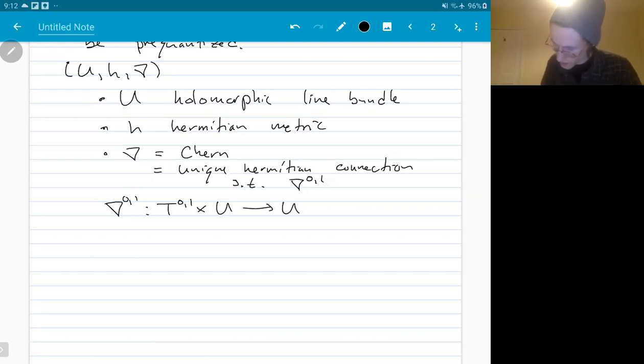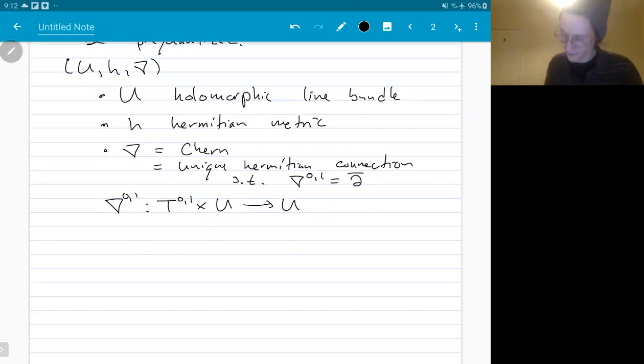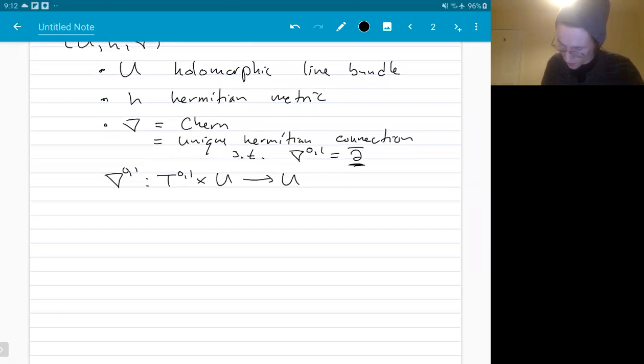And we want this thing to be the dbar operator on sections, meaning that holomorphic sections are defined by the fact that if we apply this operator, they vanish. And so for all of this structure to be a pre-quantization, we want the curvature of the connection to be essentially equal to the symplectic form.